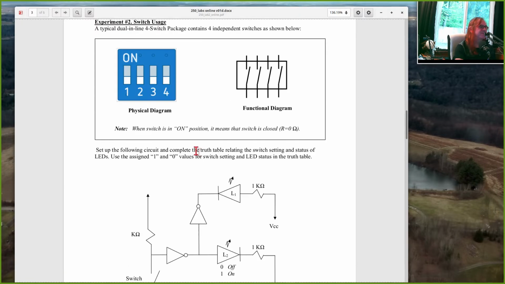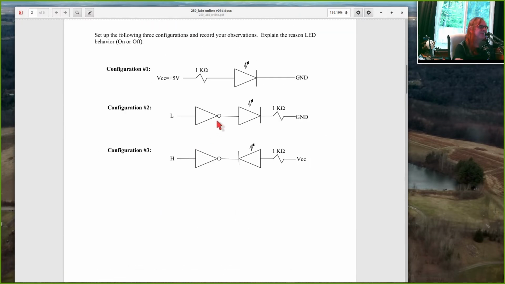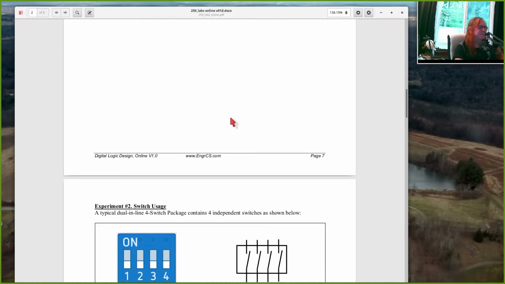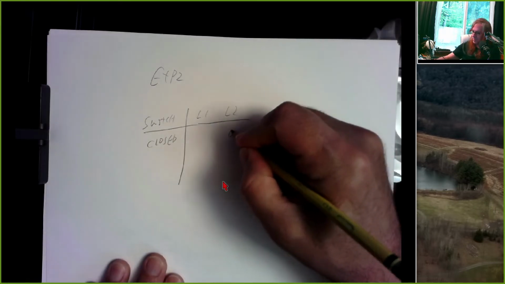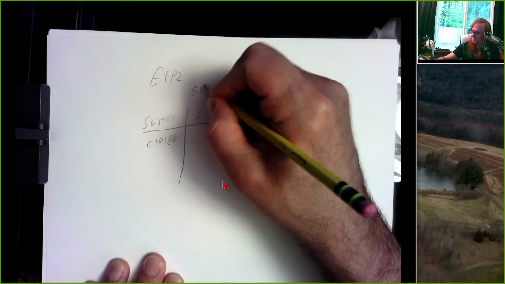And we've seen this configuration before. An inverter with 0 volts going in, this LED should light up because this output of the inverter is 5 volts. So you've got 5 volts at this junction going through an LED 1K resistor to ground. L2 should light up. So L2 should be on. So this is expected.